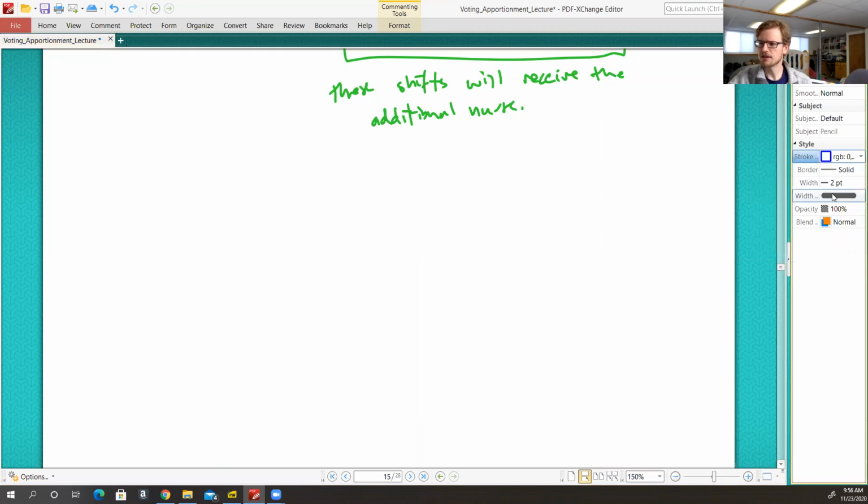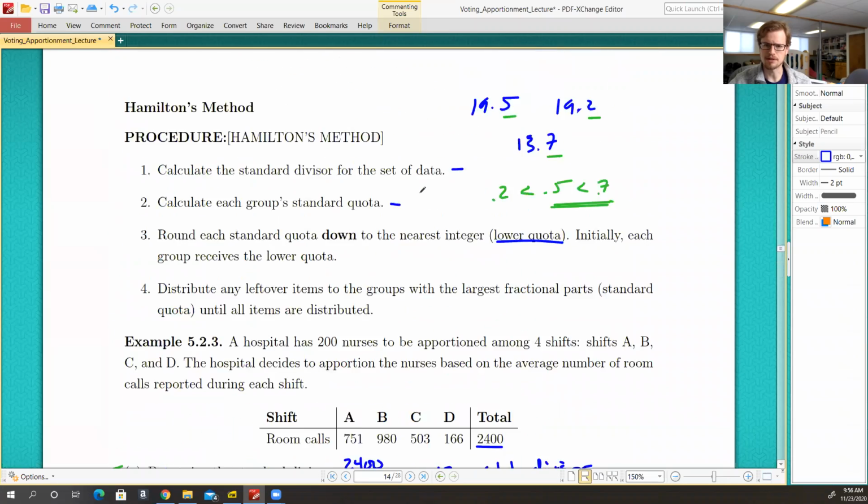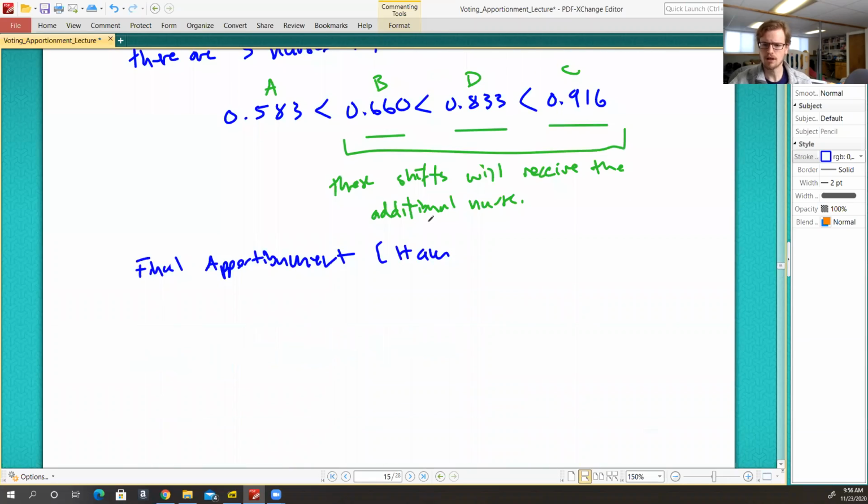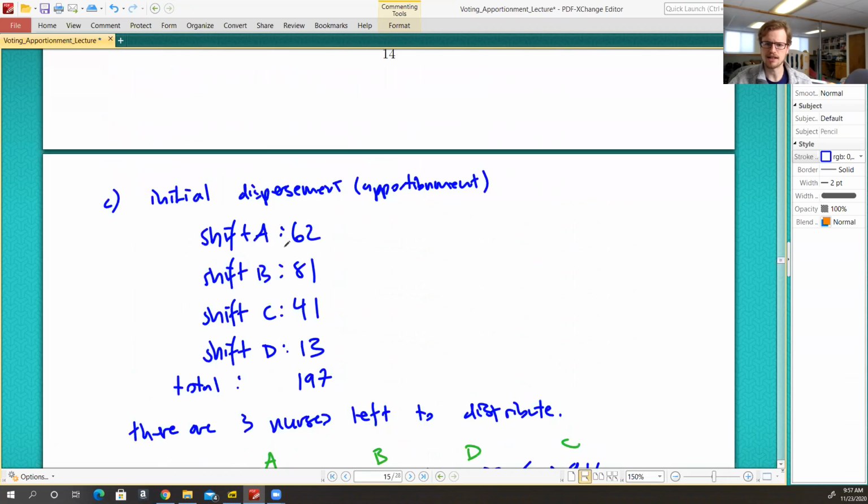Once we distribute the additional nurses, then the final apportionment according to Hamilton's method. Right, that's who we're working with here. Double check that, right? It's Hamilton method. Yep. Okay. Good. So the final apportionment according to Hamilton's method would be: shift A did not get any additional nurse, so they stay at 62.